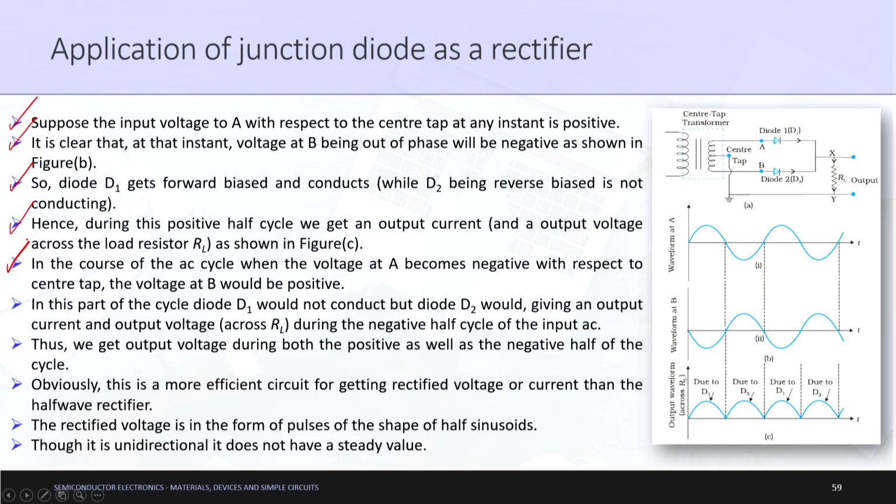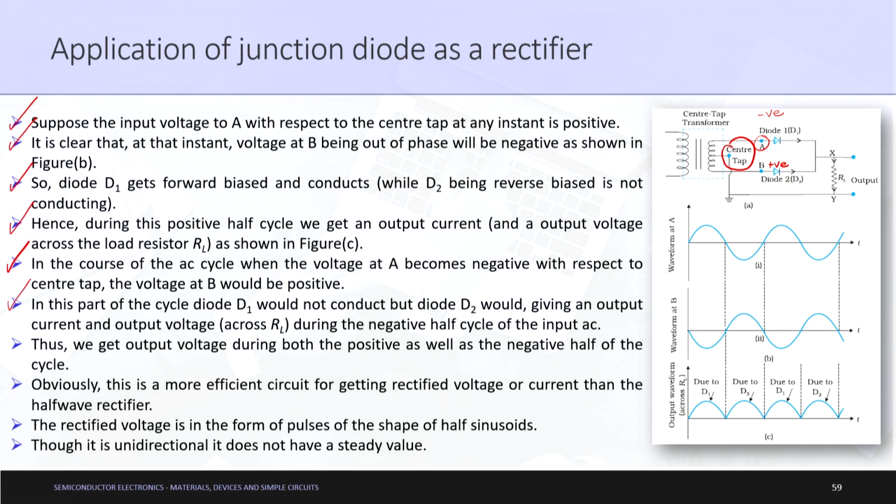From the fifth point, it says that in the course of the AC cycle, when the voltage at A becomes negative with respect to the center tap, so everything we are saying is with respect to the center tap here, the voltage at B would be positive. So, this time this would be positive and the diode 1 will be negative.